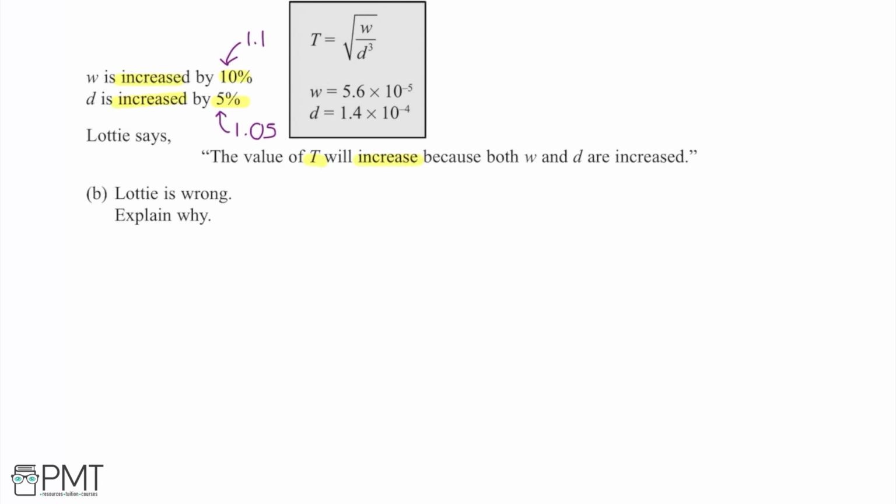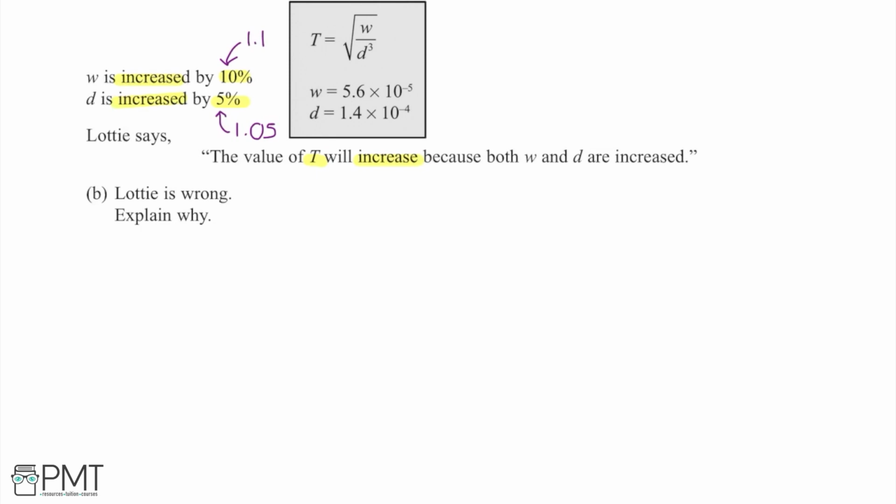We're told that Lottie says the value of t will increase, so we need to see if this is actually the case. We can do this by using the scale factors that we've calculated. Instead of going about the question in a longer way, we can simply substitute the scale factors for w and d to get the scale factor by which t is multiplied to find the new value of t.